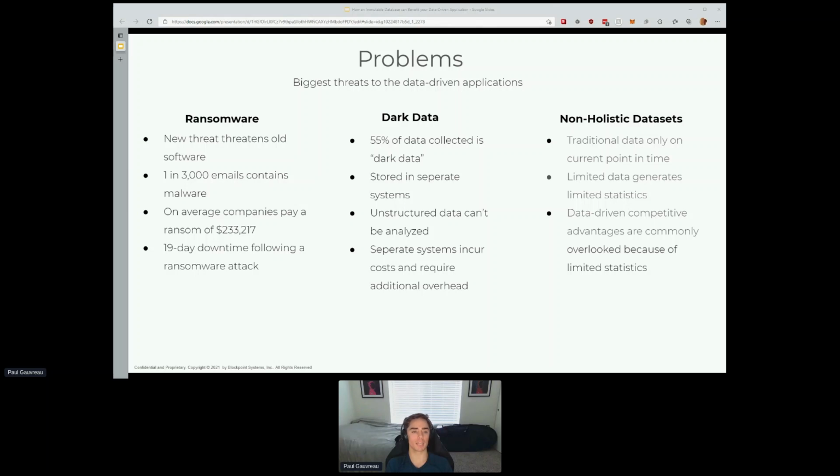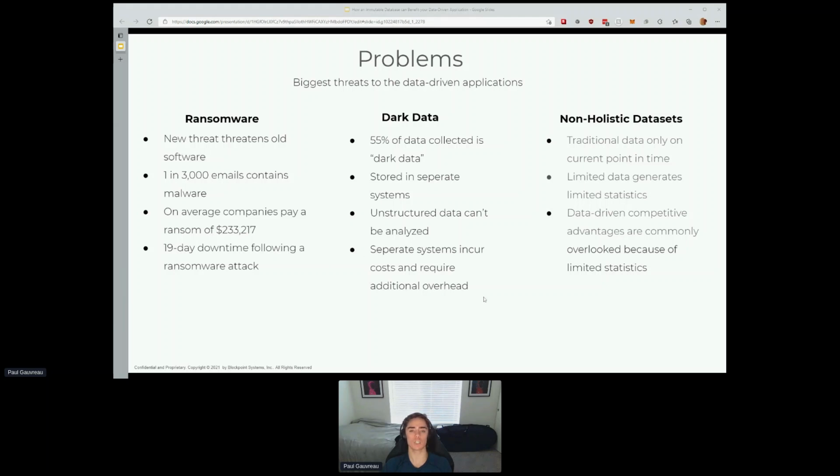They're a big potential point of failure in the system that can bring down your whole application, right? And so, a couple quick stats: the average company pays almost $250,000 on ransom. They can be down for, on average, 19 days. And then 1 in 3,000 emails contains malware. So we're going to talk a little bit about how immutable databases are poised to help prevent ransomware and fix a lot of the problems there.